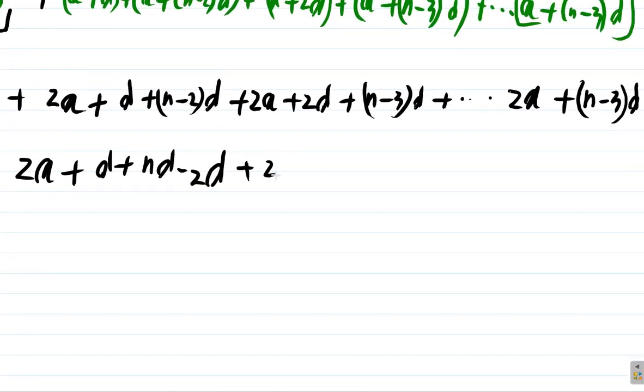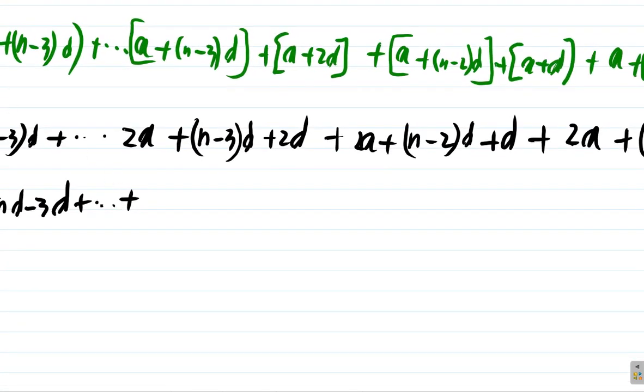Plus this one now, 2a plus 2d plus nd minus 3d. So you have that. Plus what you left out, plus. Then here, open the brackets, you have 2a plus nd minus 3d plus 2d.